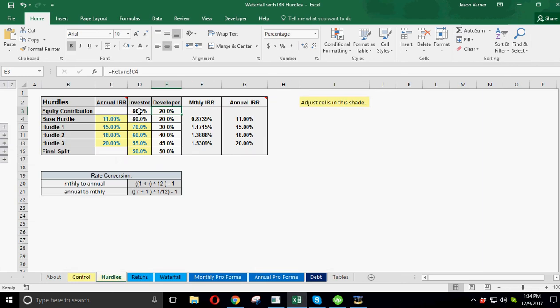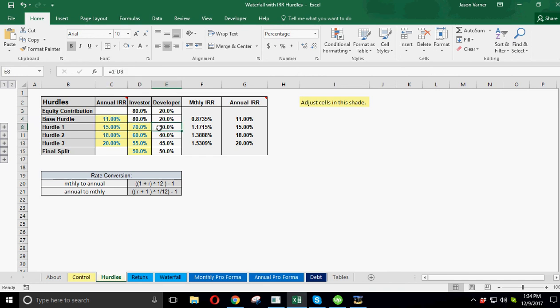So let's do 20-80. This is saying before any hurdles are reached, we're going to split it 80-20. Now, what happens when we get to the first hurdle of 15%? Well, from 11 to 15%, you're going to split this 70-30.